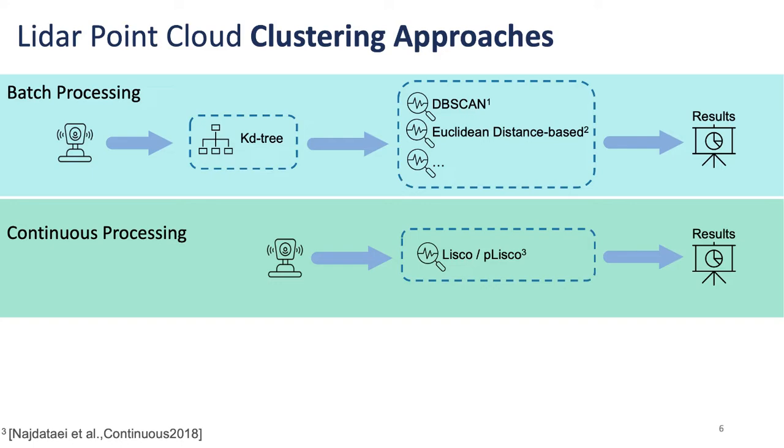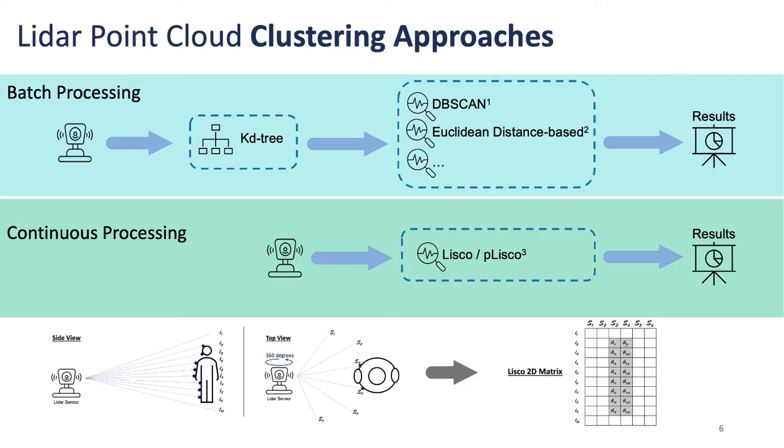This way, Lisco improves the performance of clustering to almost linear cost in P. To do that, Lisco views all points of a rotation in a 2D matrix, where rows of the matrix represent laser beams and the columns represent steps in a rotation. It then looks for the neighbors of a point using this matrix within the epsilon neighborhood bounded box.